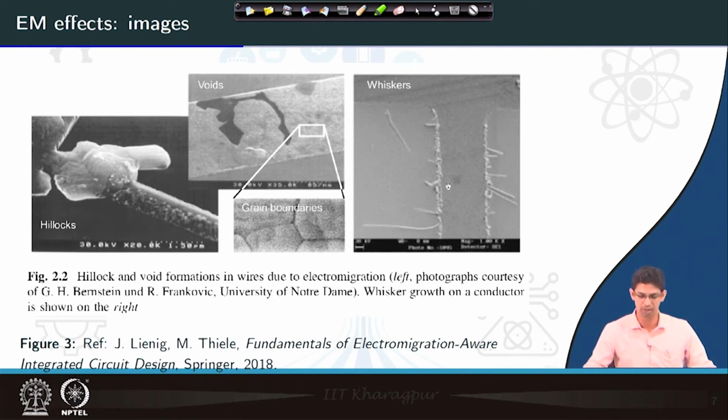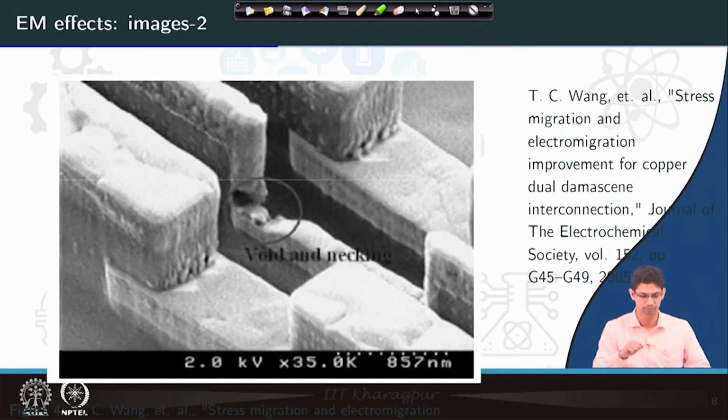Then this third figure shows your whiskers. It is not that always some hillocks, small structures, are created. Sometimes these whiskers are also created, which results in unintended shorts between adjacent lines. This is becoming a major bottleneck in the reliability.